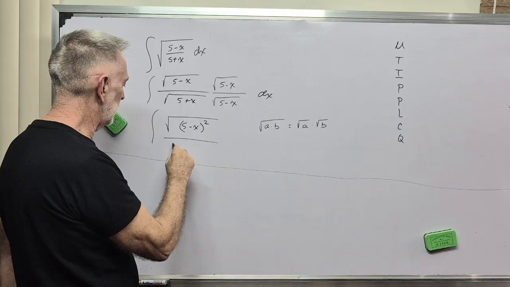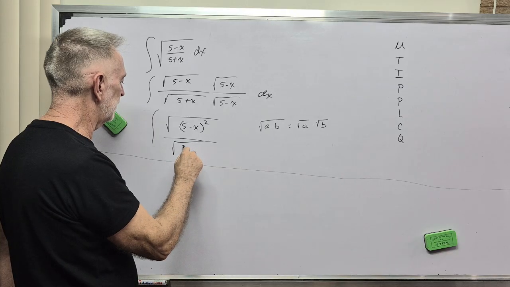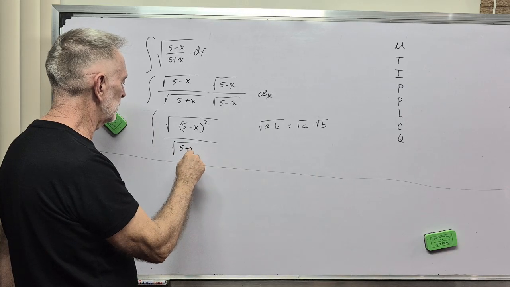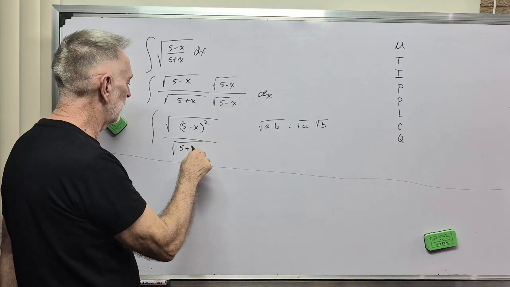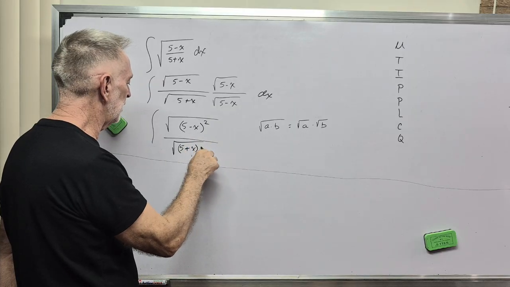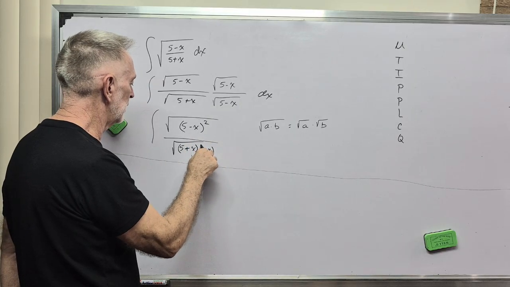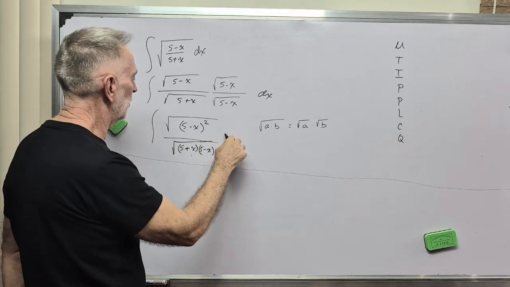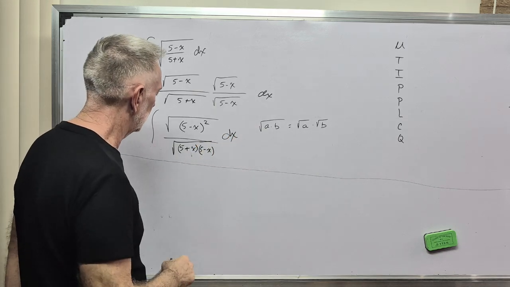In the denominator I have 5 plus x times 5 minus x, all of this dx.